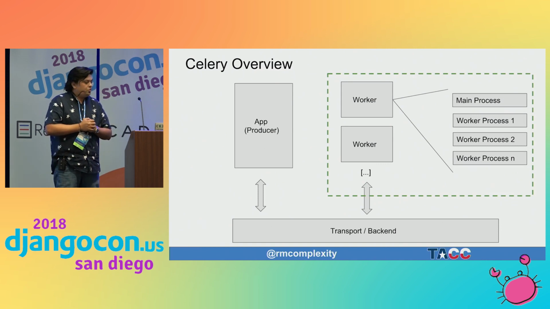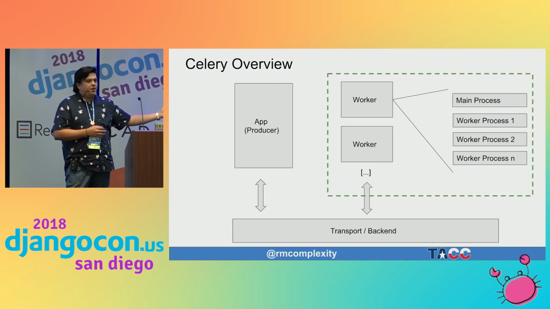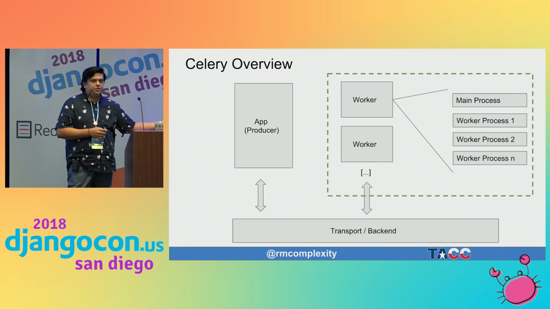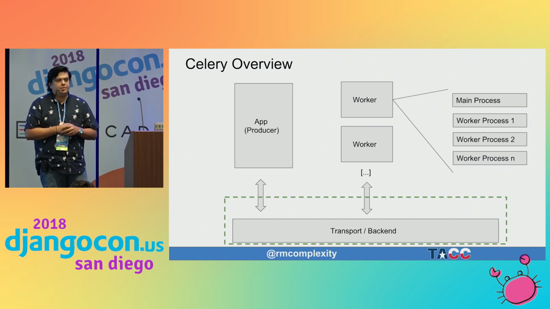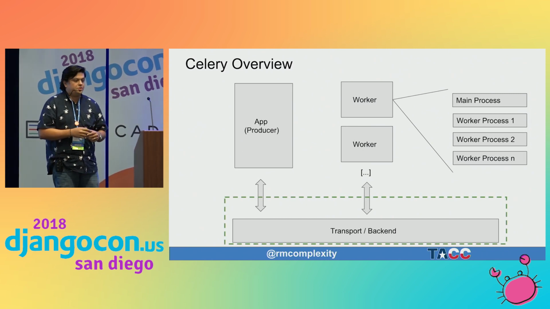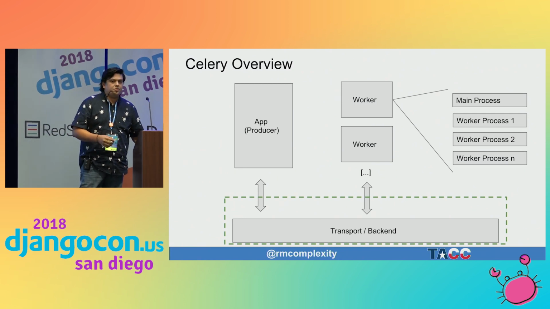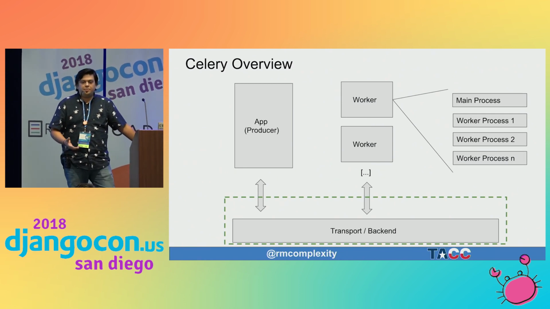Inside each one of these workers, we usually have a main process and then a number of other worker processes. And this is how we can run things concurrently. And the way that they communicate between themselves is using something called a transport, which is usually something like RabbitMQ, or we can also use Redis.